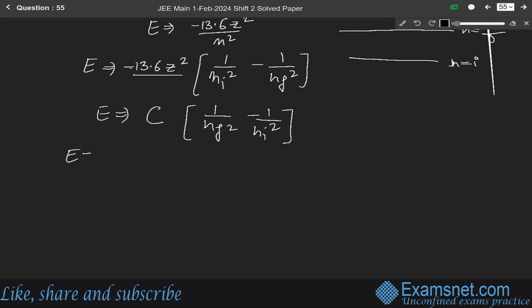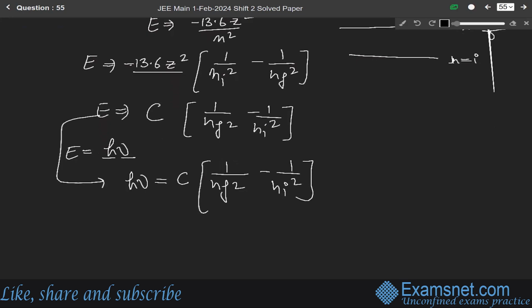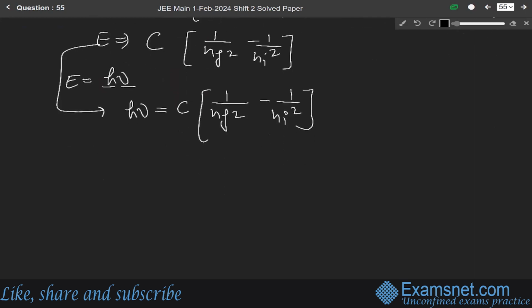And we know that E is equals to h nu, Planck's constant, into frequency. So we can write h nu equals to this constant into 1 over nf square minus 1 over ni square, okay? Now this h is also constant.